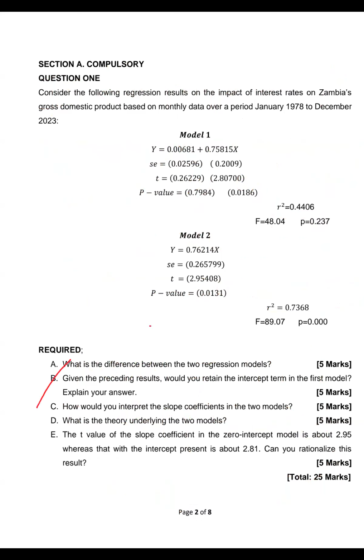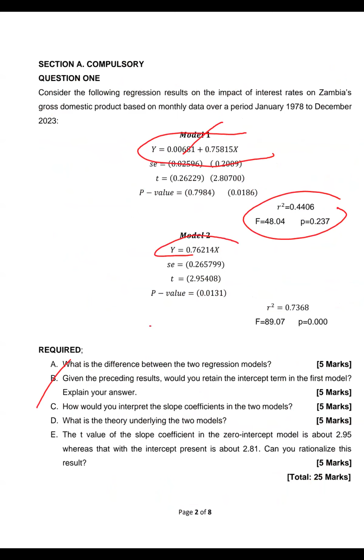Now, given these results, would you retain the intercept term in the first model? Explain your answer. Have you seen that we ran the model at first, it had an intercept, and it was a bad model? Then we had to rerun the model and it dropped the intercept.